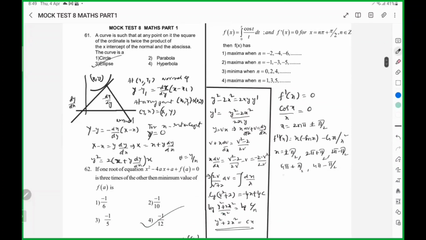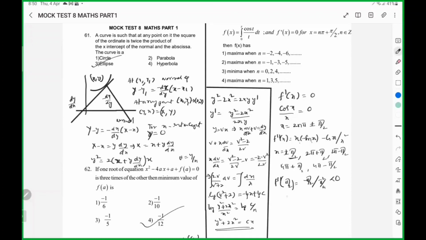So f double dash, for example at pi by 2, it is x into minus sin 90, minus cos 90, which is 0, by pi square by 4, it is negative.